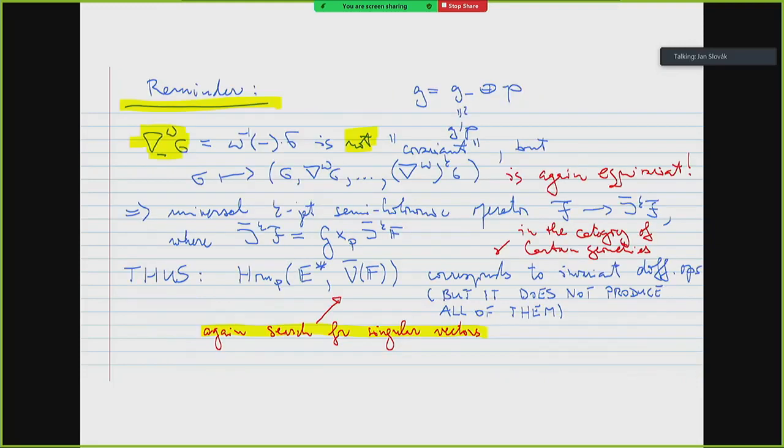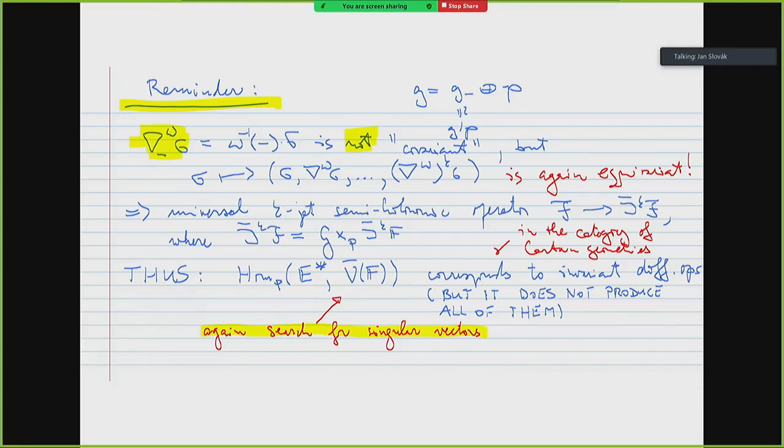So the highest weight of E star has to sit somewhere, and the lowest K which is hit by the image is called the order.